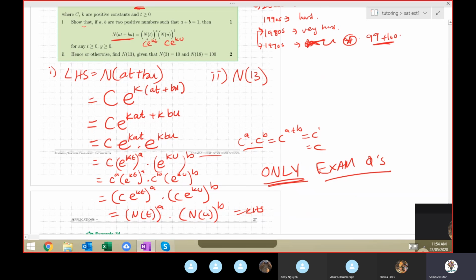N of 3 is 10, so you would assume T is what, 3? And if you assumed it was 18, then you would get what, 3A plus 18B. I don't know if that helps much. Find N of 13.